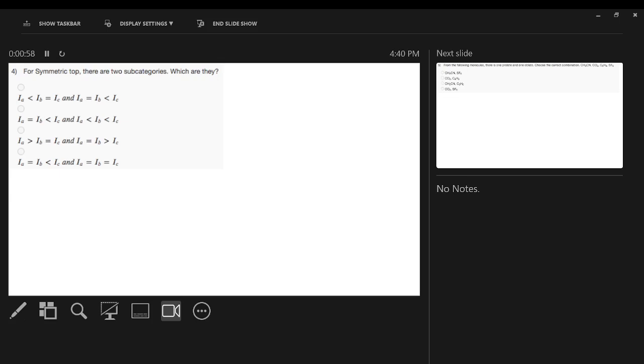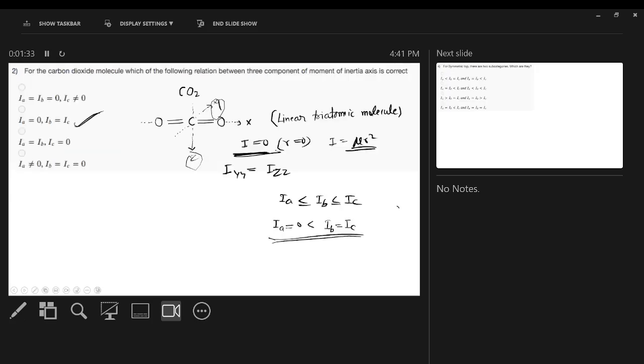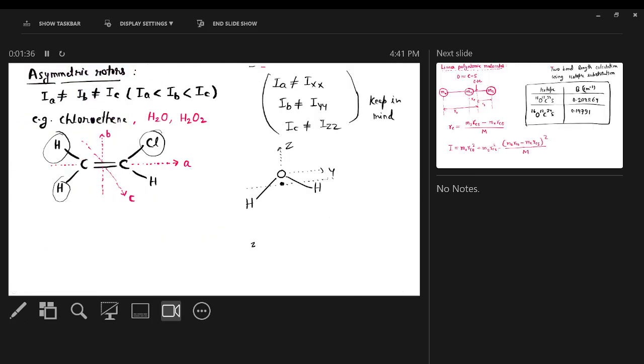Coming to the next question. For symmetric top, there are two subcategories. Which are they? We saw the prolate and oblate. For symmetric top we have two categories: one is prolate, the other one is oblate, that is rod-like and disc-like, and we saw the conditions.